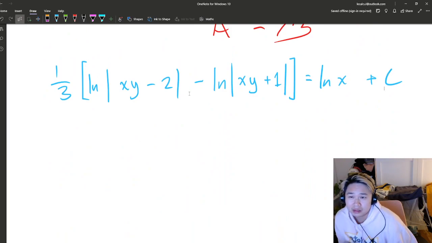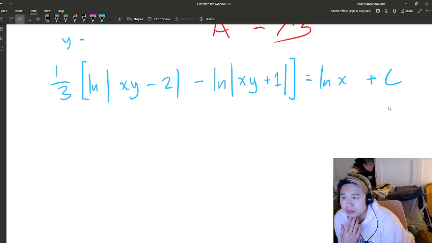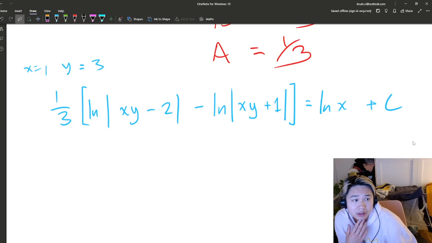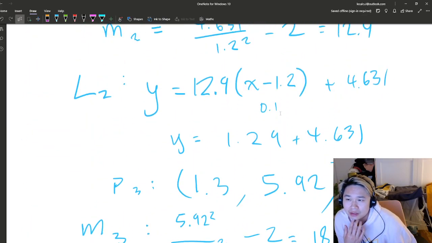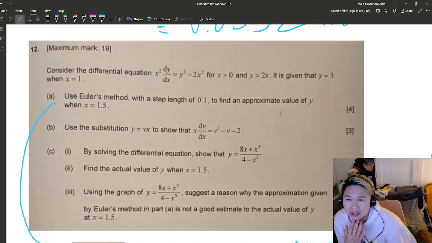Okay, I think this is it. And then we need to find the constant, but they did tell us that way back in the beginning, x is 1, y is 3, right? That was our first point of the Euler's method, because we needed some values so that I can get the constant.